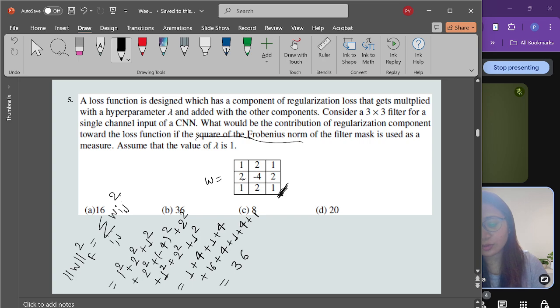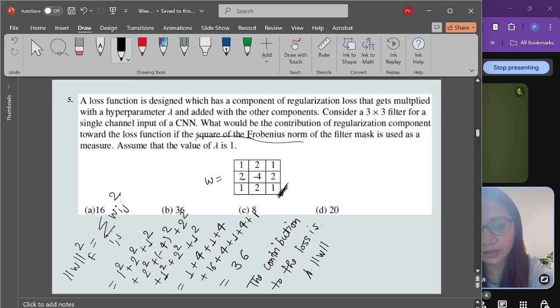The contribution to the loss is calculated as lambda times the Frobenius norm, that is lambda times ||W||_F squared. Lambda is already given here.